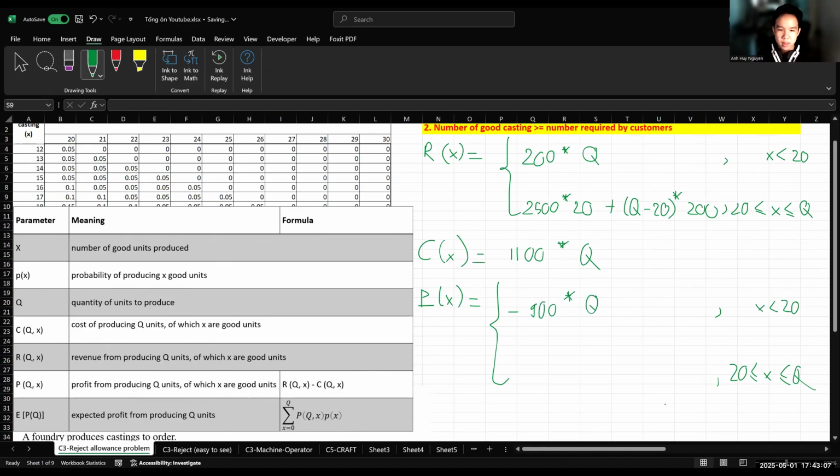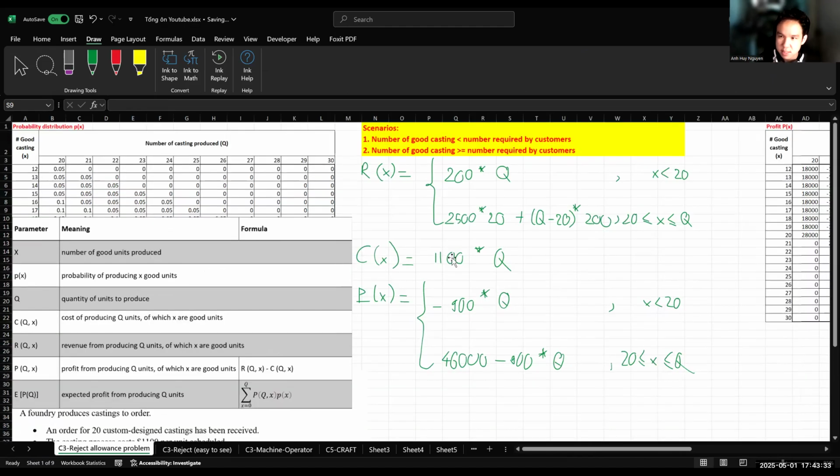How about the other scenario? You take this formula and you subtract this formula, okay? So finally, you will receive 46,000 minus 900Q. So, okay, now you have all of these equations. What will you do next?